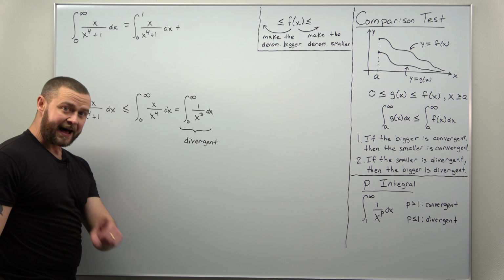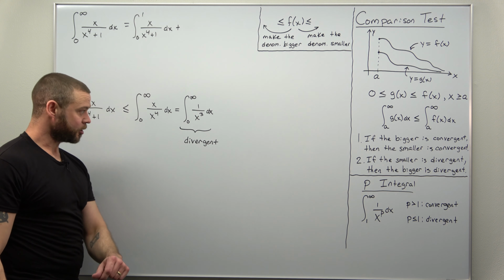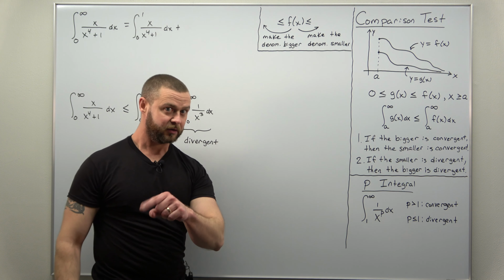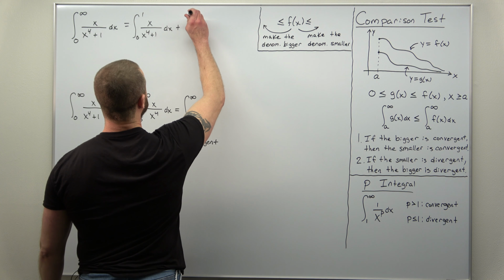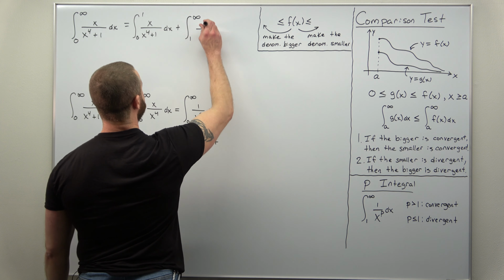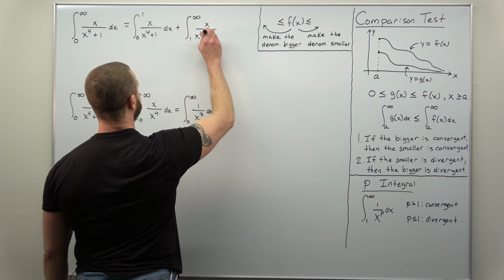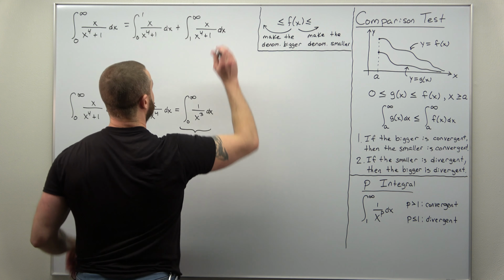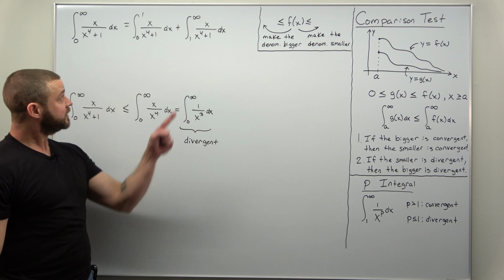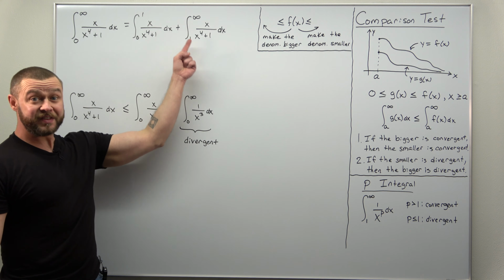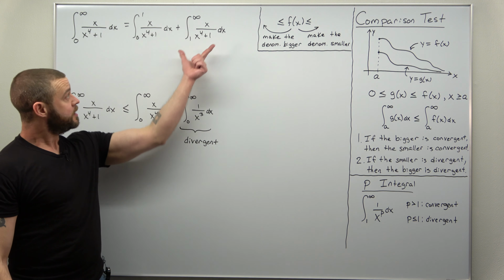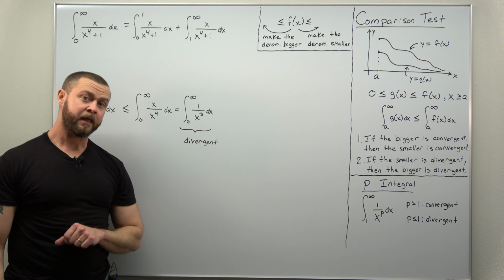And then we add to that, and here's where the p integral comes in, an integral from 1 to infinity. All right, this is a basic property of integrals that we've made use of before. And notice that is the improper integral from the previous problem, which we know is convergent.